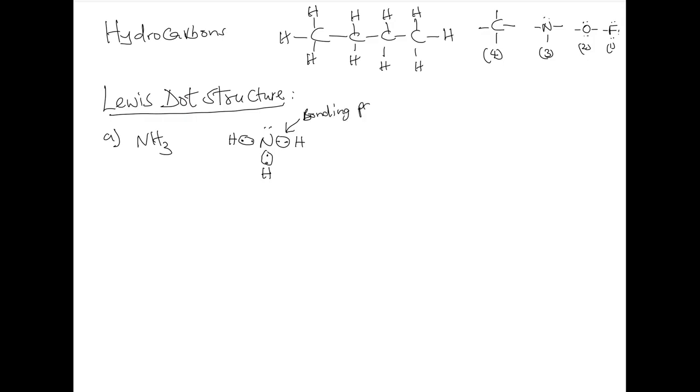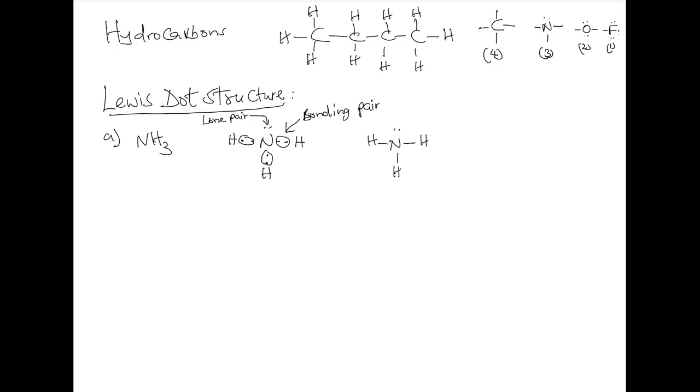A bonding pair is what we represent using a line. These ones here are lone pairs. So that is a lone pair of electrons. So we can simply write the structure of ammonia like that.